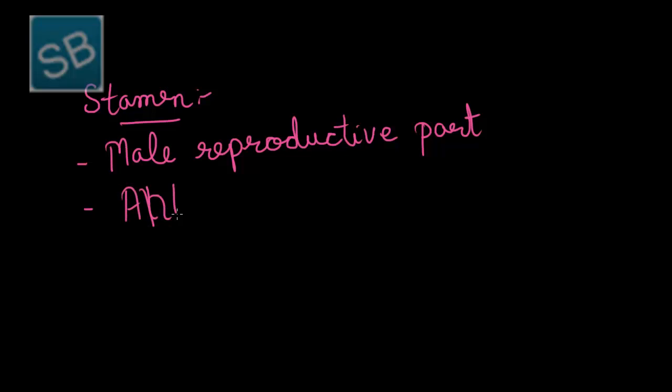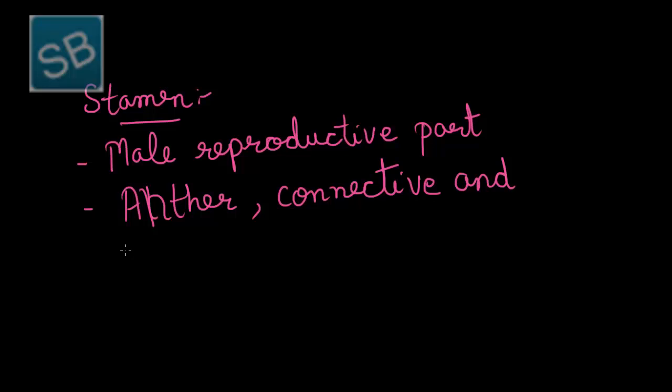Definitely, in order to understand the androecium part, it is necessary to understand the structure of stamen. As said earlier, a stamen is considered as the male reproductive part of the flower. It basically consists of three regions, that is anther, the top portion, followed by connective, the middle, and joined to filament.